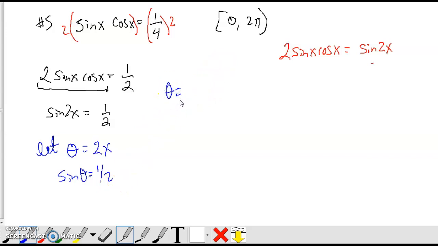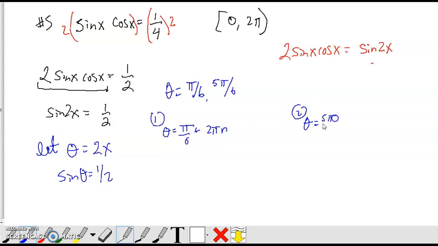So theta, when it's 1/2, should be pi over 6 and 5 pi over 6, first quadrant and second quadrant. We'll come up with two equations. So theta is equal to pi over 6 plus 2 pi n. And then second equation, theta is equal to 5 pi over 6 plus 2 pi n.